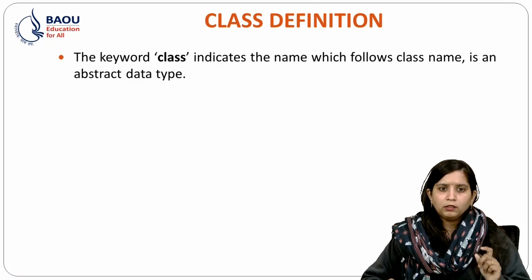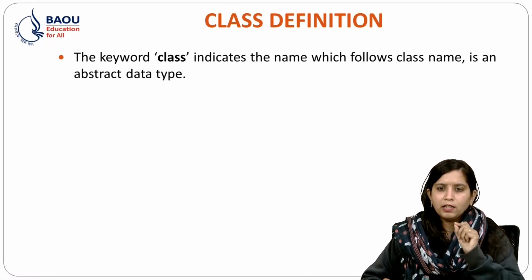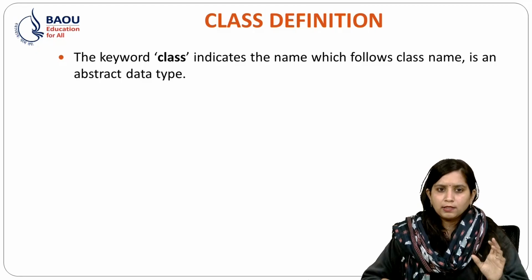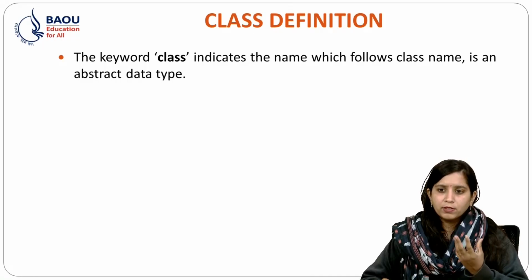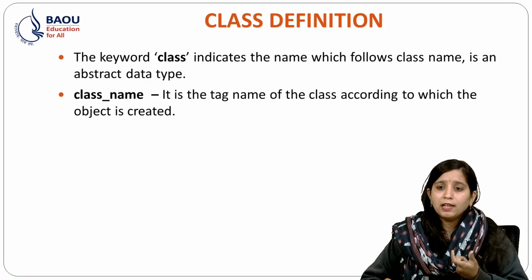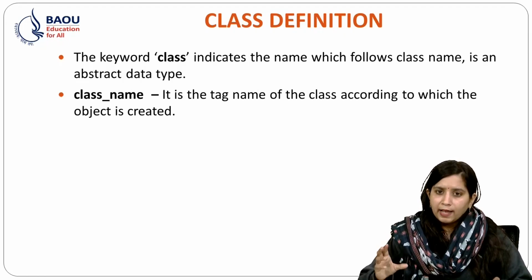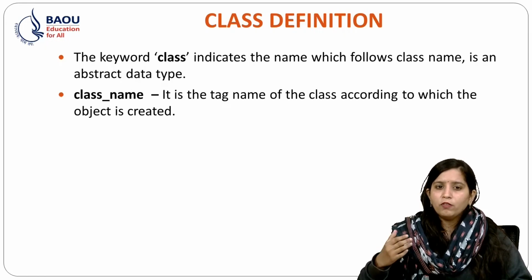So over here, the keyword class indicates the name which follows as the class name. That is, it is an abstract data type. Why is it an abstract data type? Because it is a user defined data type. So the keyword class is a must to define a class name. Class name is a tag name of the class according to which the object is created.